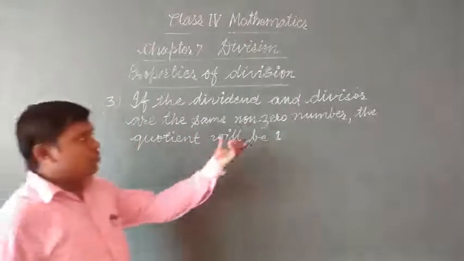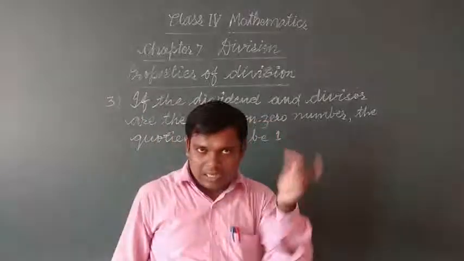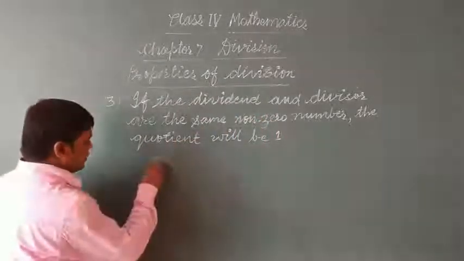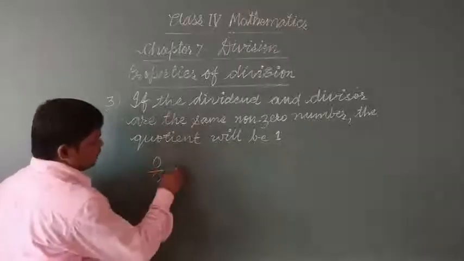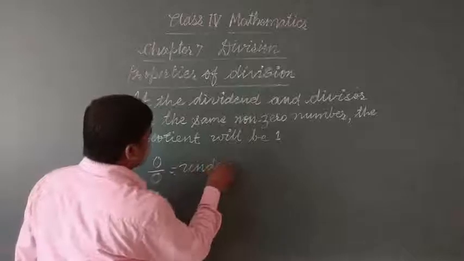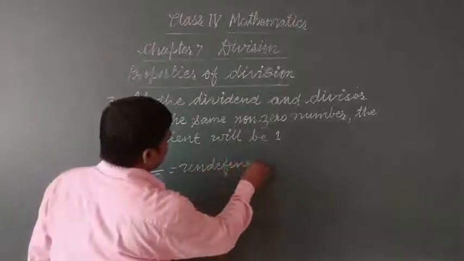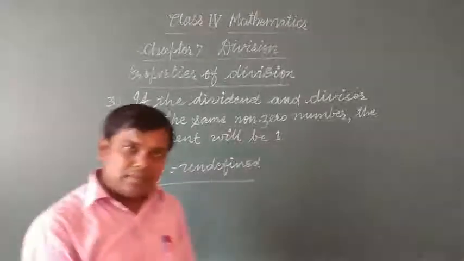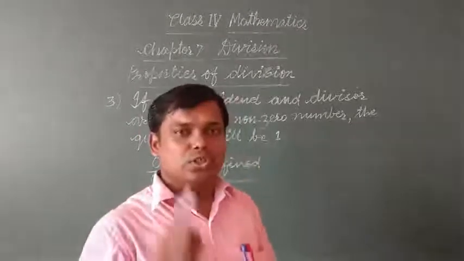So here you have to understand about non-zero number, means a number which is not 0, means we can't write 0 by 0, it is undefined. Except 0, if any number is going to be divided by itself, the quotient will be 1.